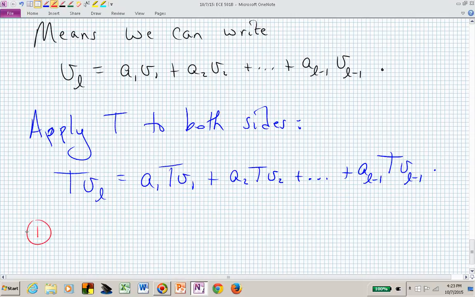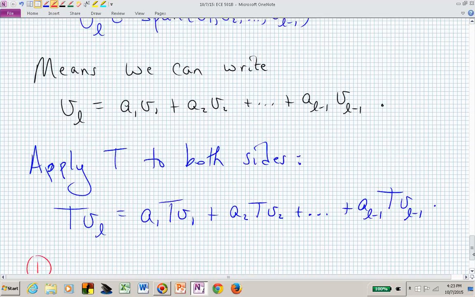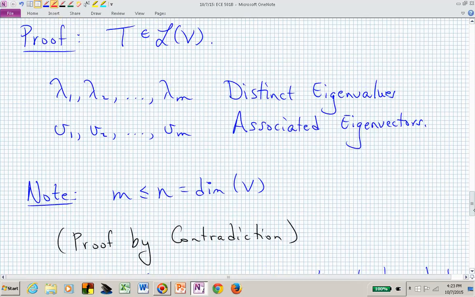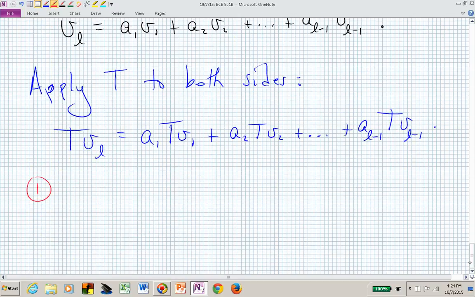And now I'm going to end up with my first equation that I want to play with. What do we know T v sub L is also equal to? Remember, v sub L is an eigenvector, and we paired it up with lambda sub L, which means that T v sub L we could rewrite as lambda v sub L.